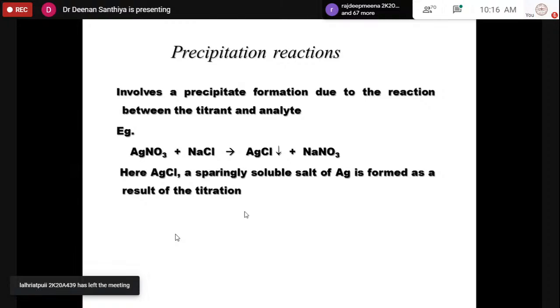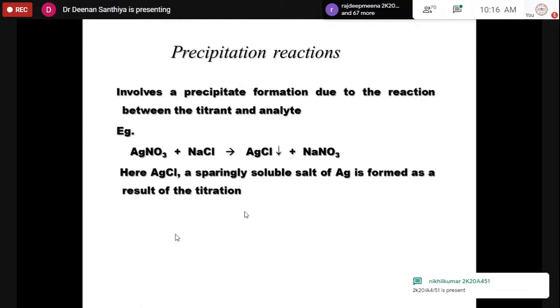A primary standard is a substance which has certain criteria. It should have a sufficiently high molecular weight. It should not react with atmospheric components, like absorption of moisture. Purity should be very high, ultra pure.